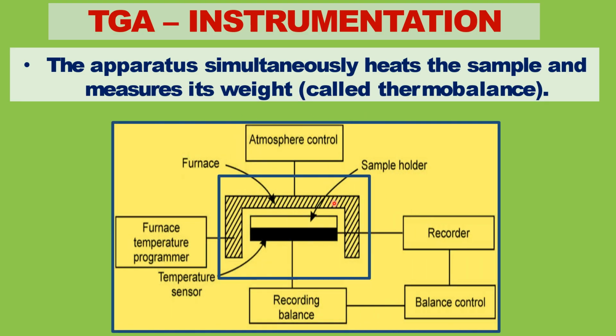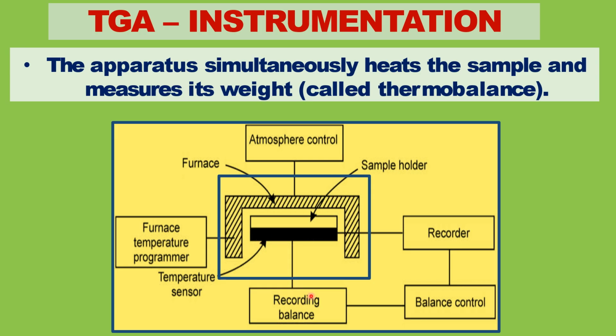So this is the experiment. This is the TGA instrument. As you see here, you have a sample holder where the sample is placed, and a temperature sensor to measure the temperature, because we are heating and we should know how much we are heating.